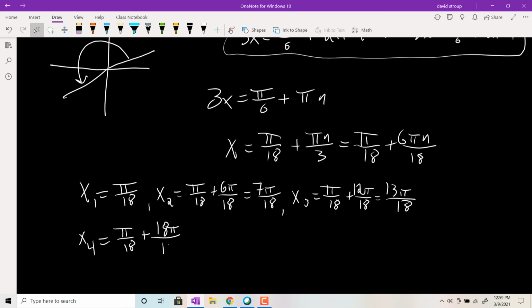That doesn't seem right, but it is. This will be 19 pi over 18. There's a lot of them. x5 is pi over 18 plus 24 pi over 18.